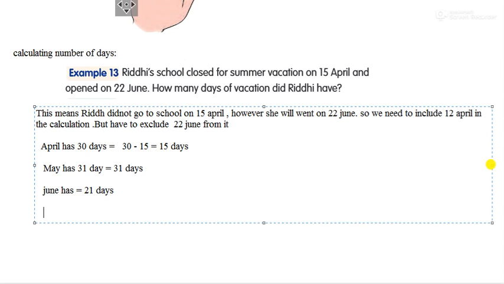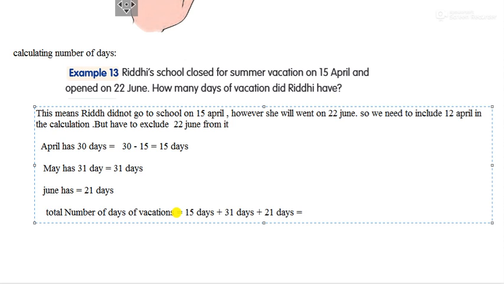Now the total number of days of vacation equals 15 days plus 31 days plus 21 days equals how many days?